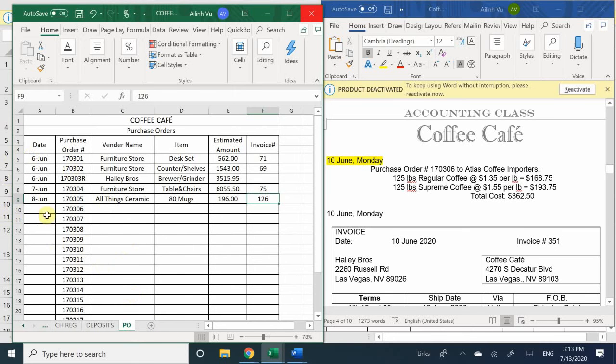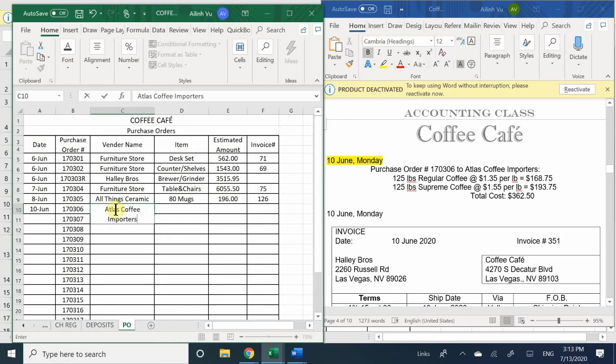So here I'm in purchase order. I indicate that on the 6/10, I made a purchase to Atlas Coffee Imports.